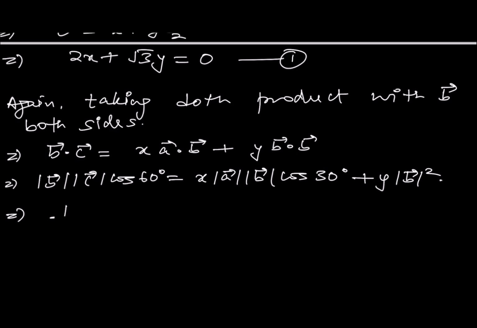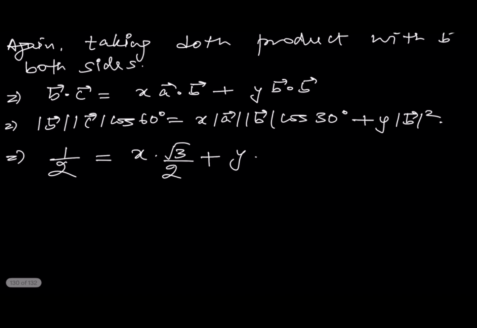So cos 60 is 1 by 2, is equal to x root 3 by 2 plus y. Okay, so this will become root 3x plus 2y is equal to 1.